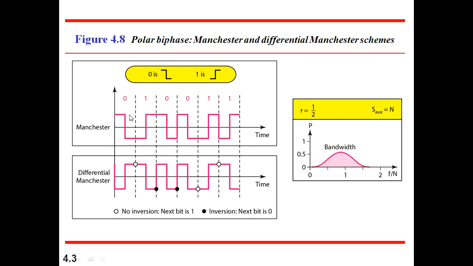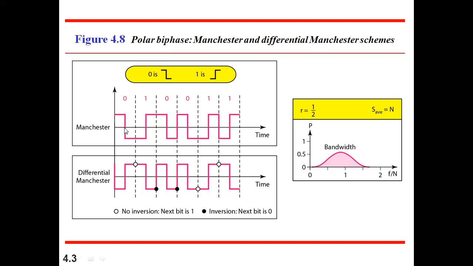Since this is the combination of NRZL and the RZ, whenever we go for the RZ, actually the transition will take place at the middle of the pulse, as we already saw in the RZ. So it is starting from the positive level for the 0 bit, and it is taking the transition exactly in the middle.